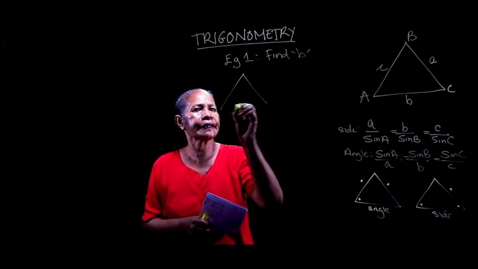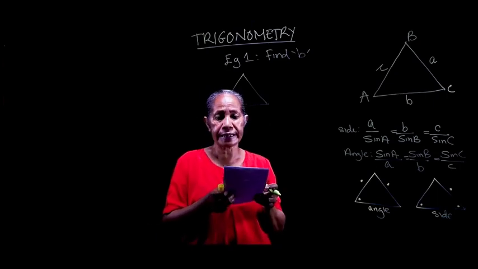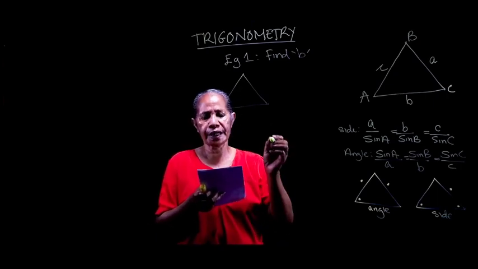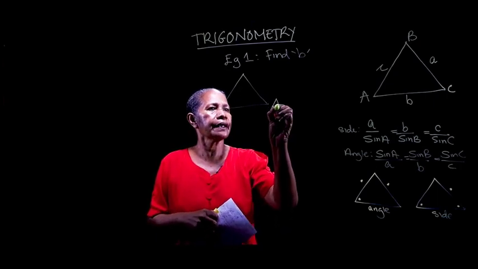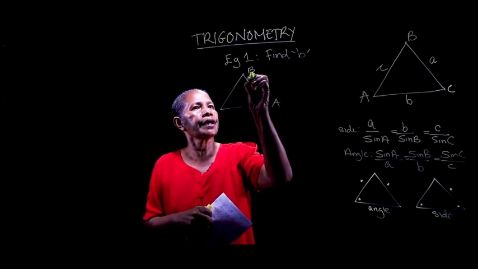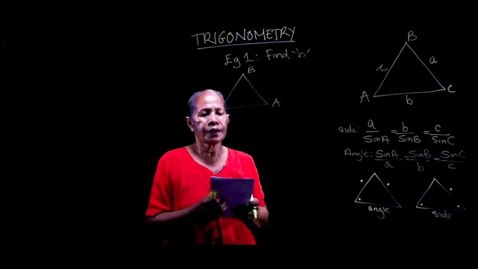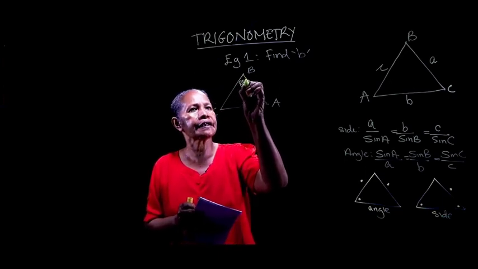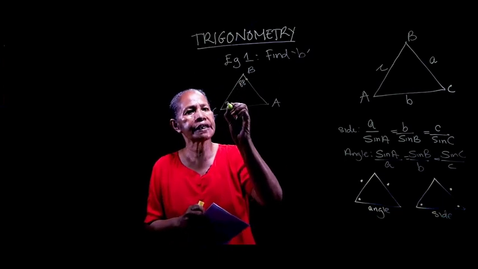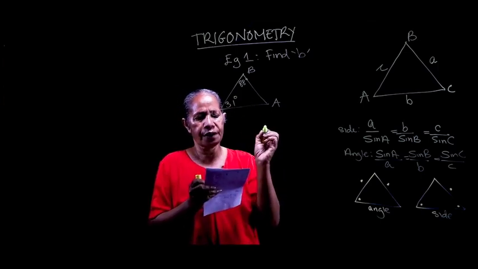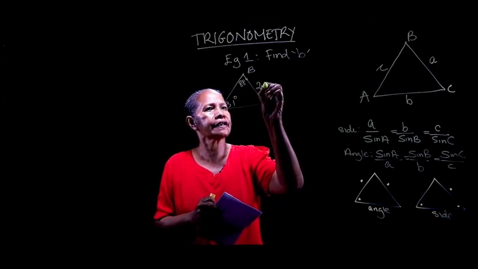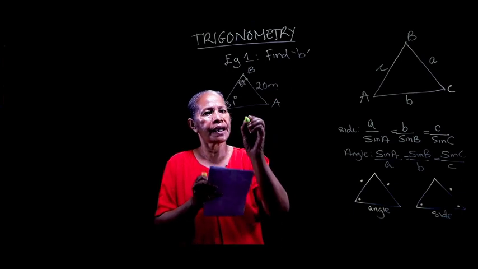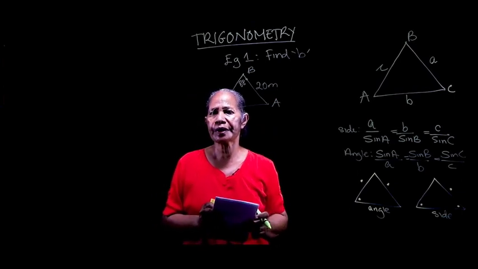Firstly, we must label it: A, B, and C. We have angle B is 88 degrees, angle C is 31 degrees, and side c is 20 meters. And we are looking for side b.